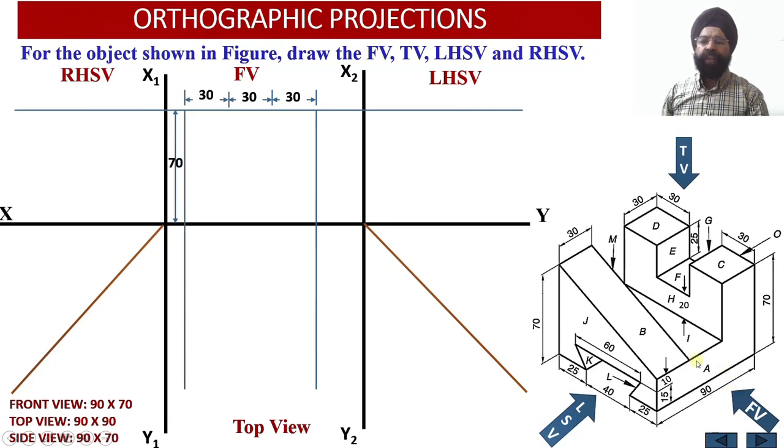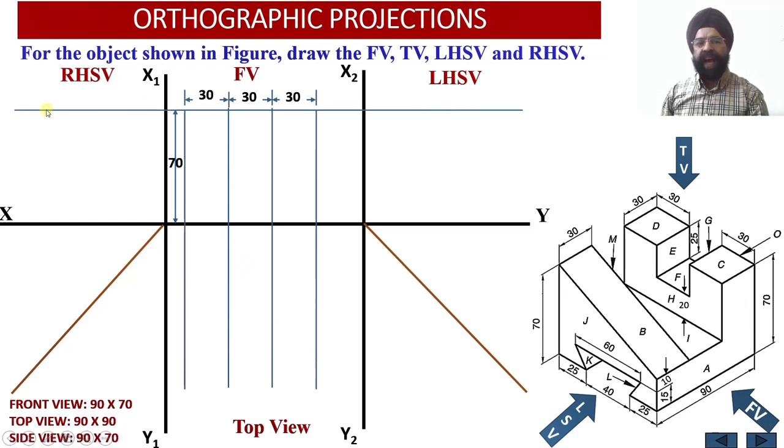As we are going to look at the solid from the front, this inclined web is equal to 30 millimeter width. Similarly, the width of this vertical web over here also happens to be 30 millimeter. This intermediate web over here will also have a width equal to 30 millimeter. Now we have drawn the vertical projector lines over here extending onto the top view.